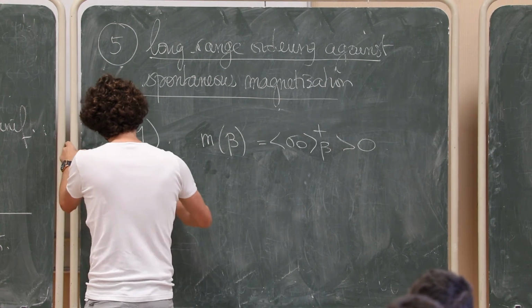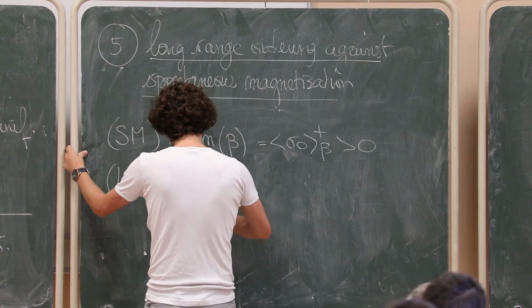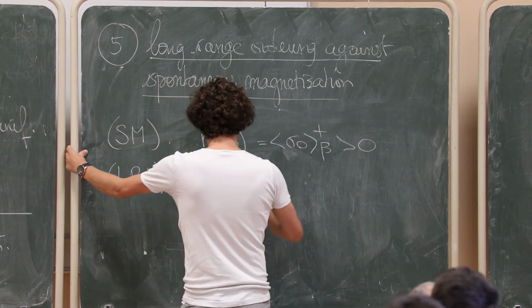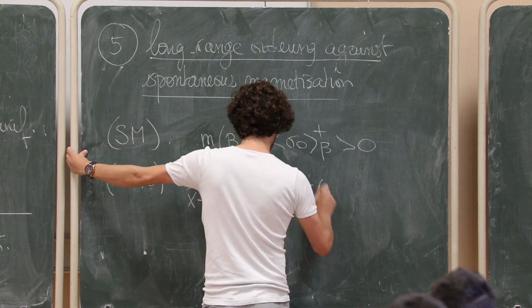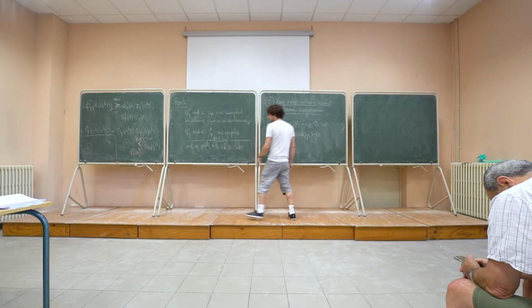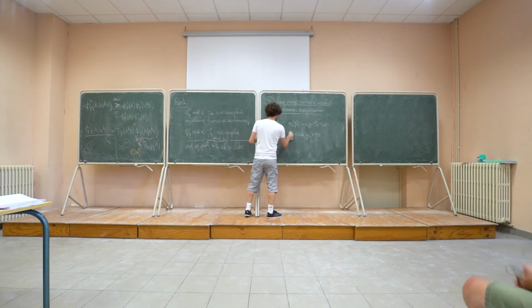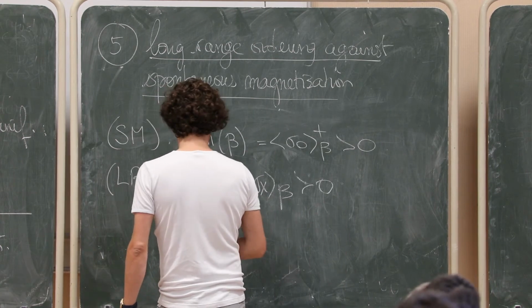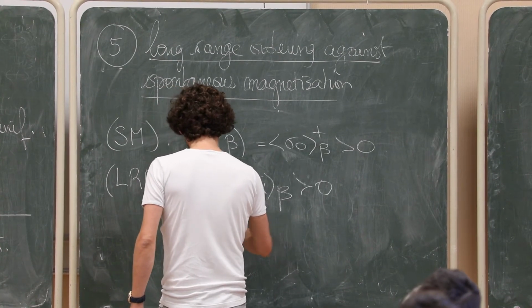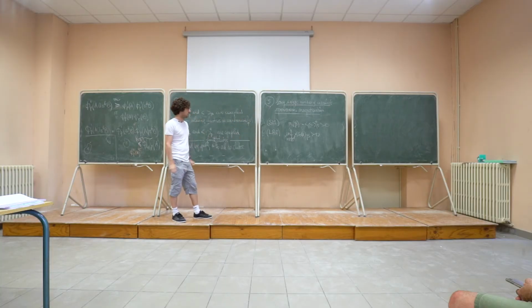And my long-range ordering property will be that the limit when x tends to infinity of the average of sigma 0 sigma x at beta is strictly positive. Or let's say the infimum over x in Z^d of the average of sigma 0 sigma x at beta is positive.